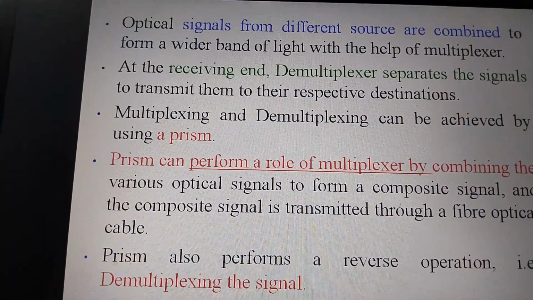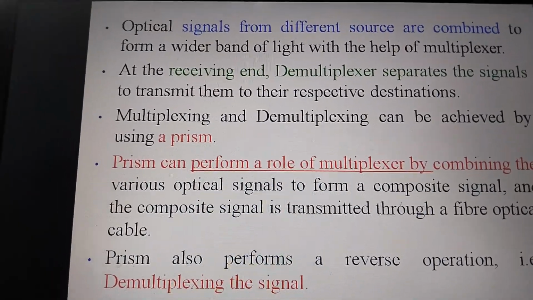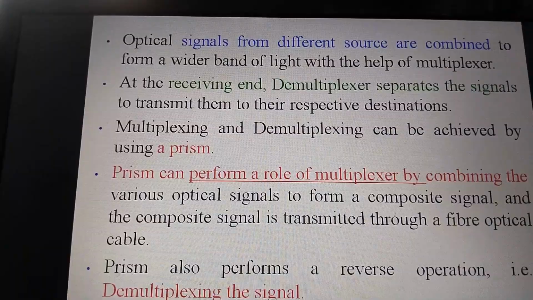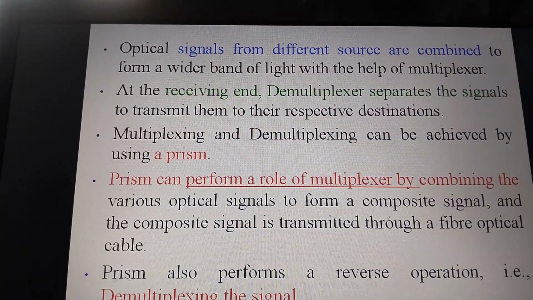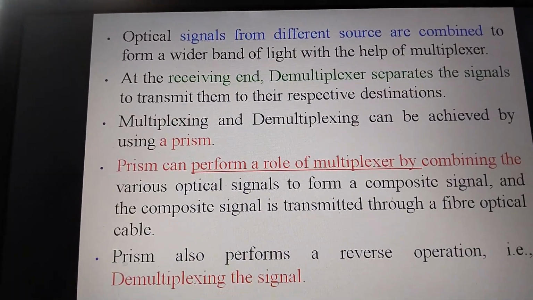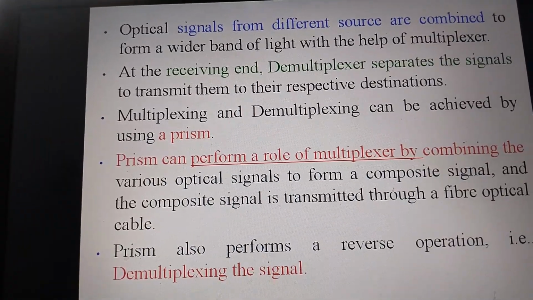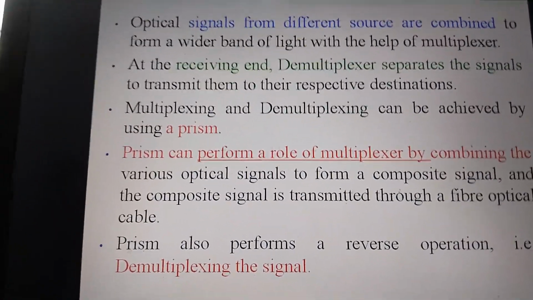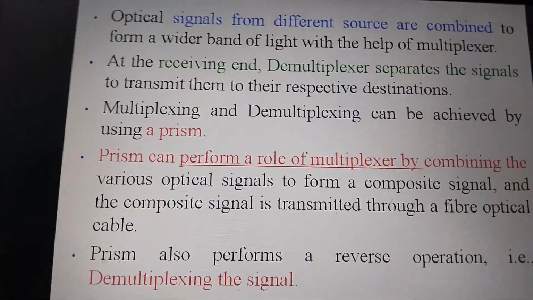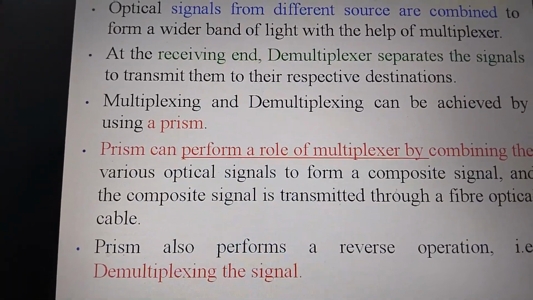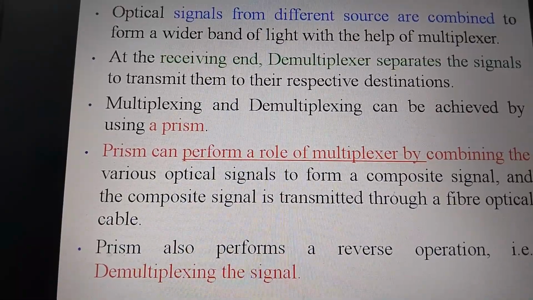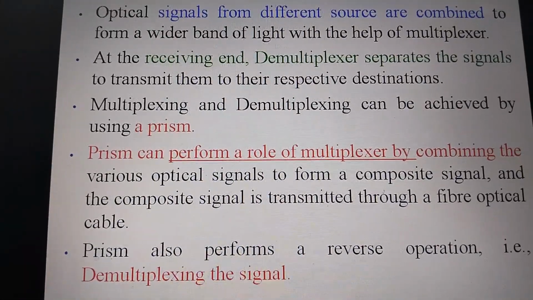Here the optical signals from different sources are combined into a wider band of light with the help of the multiplexer. At the receiver, the demultiplexer performs the demultiplexing operation and separates them into their respective destinations.